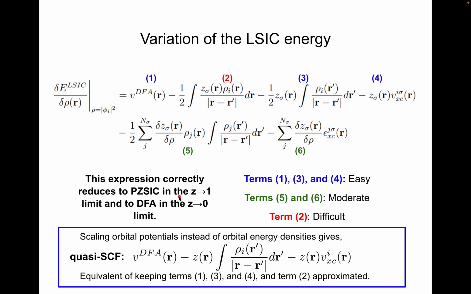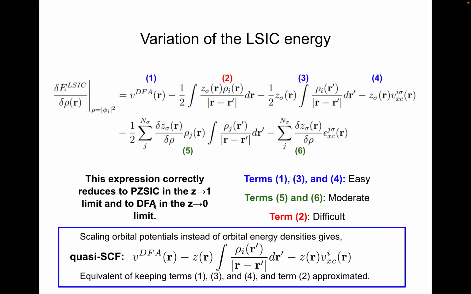Similarly, if you take the limit where the scaling factor goes to 0 everywhere, all of the terms drop out except the DFA terms. So in this limit, once again, it gives the correct limit of the DFA. So this expression seems valid for those 2 limits.